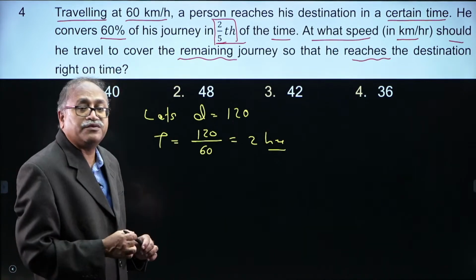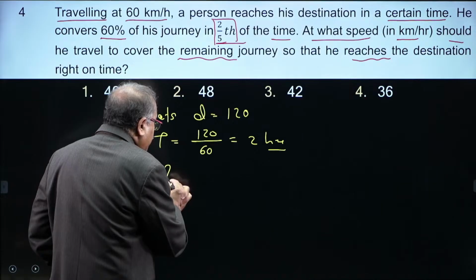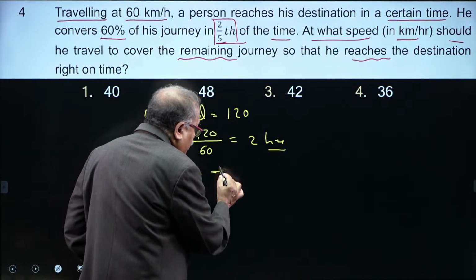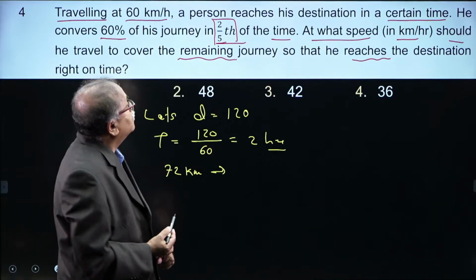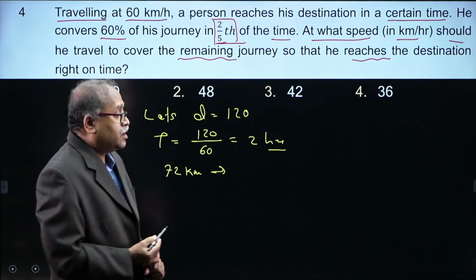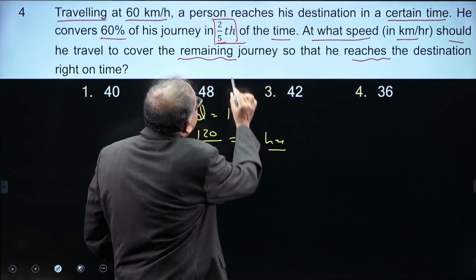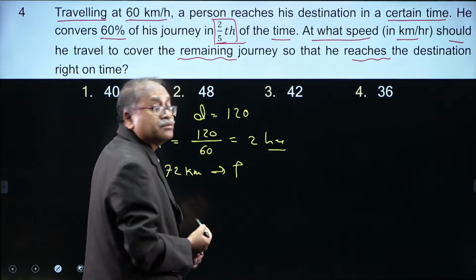That means he covers 72 kilometer in what time? 2/5 of the time. And what is 2/5 of the time? The total time is 2 hours.